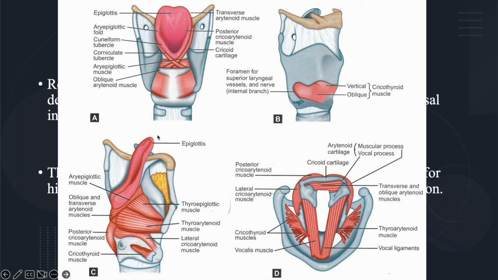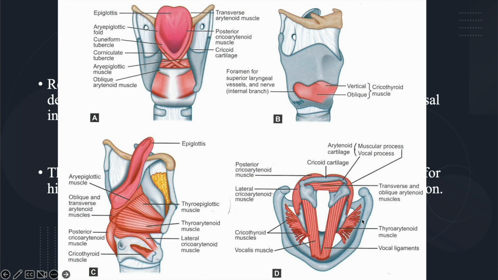And in the lateral view, you have the epiglottis, you have the hyoid bone, thyroid, cricothyroid membrane right in there. And here you have the superior view.